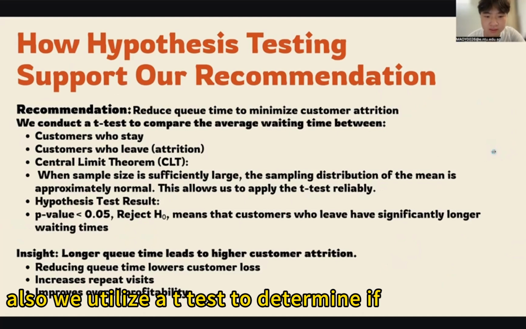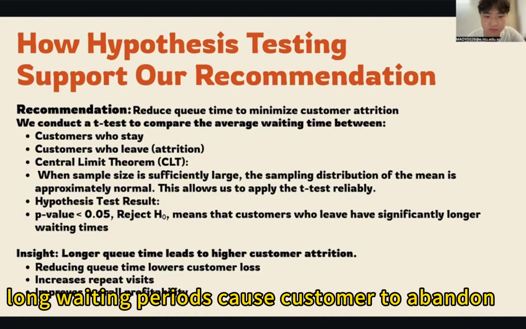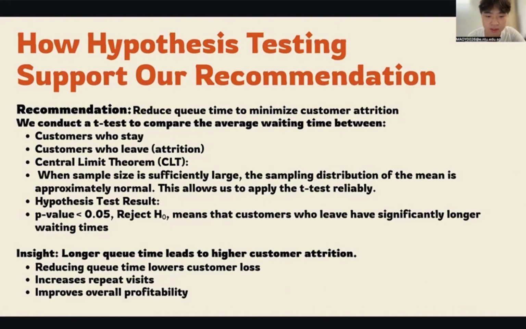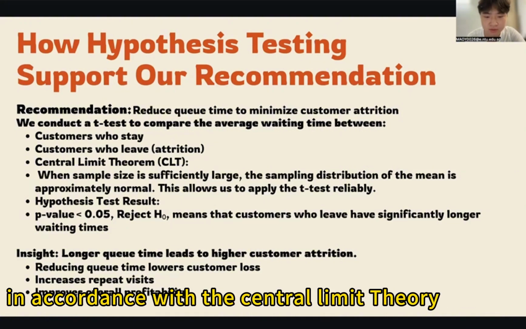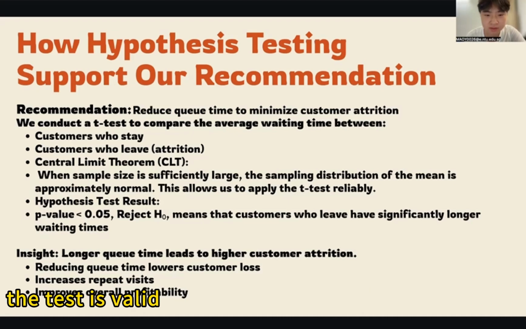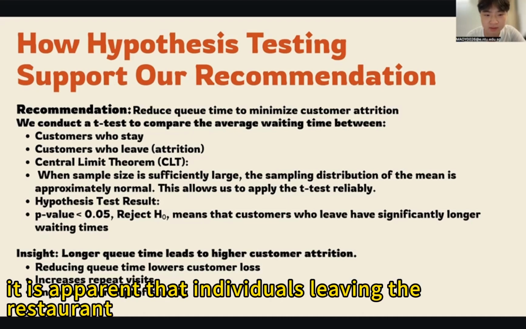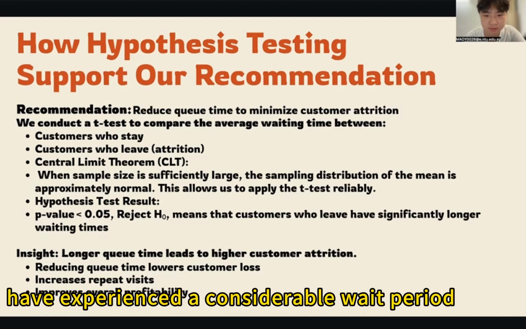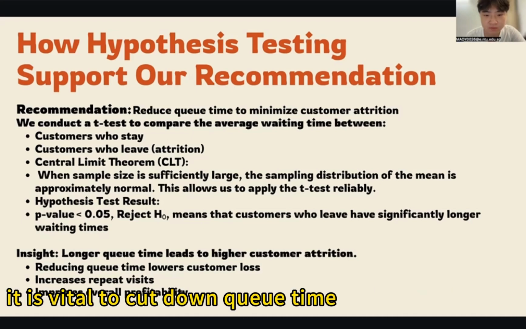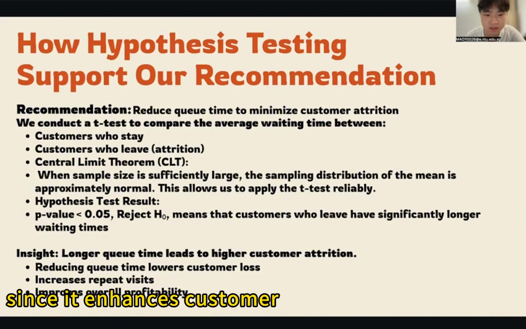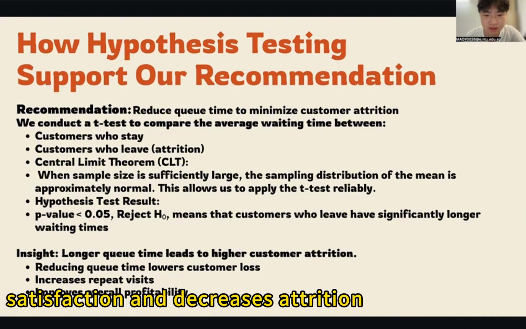Also, we utilize a t-test to determine if long waiting periods cause customers to abandon the restaurant. In accordance with the central limit theorem, the test is valid, and it is apparent that individuals leaving the restaurant have experienced a considerable wait period. It is vital to cut down queue time, since it enhances customer satisfaction and decreases attrition.